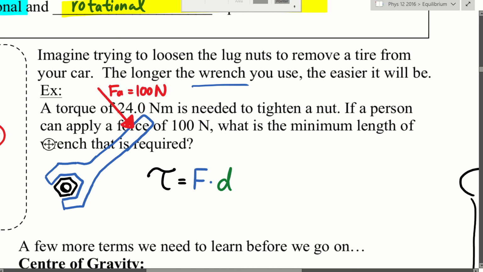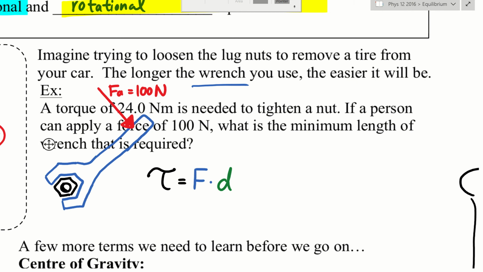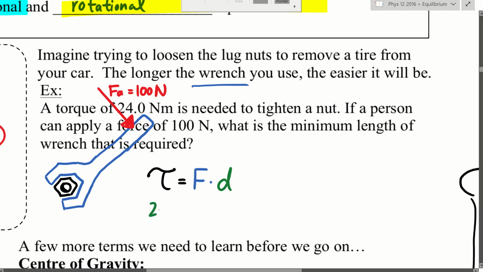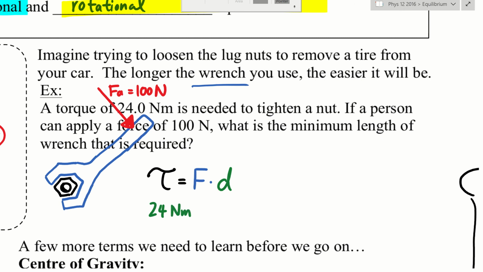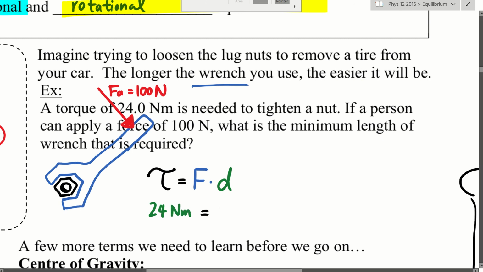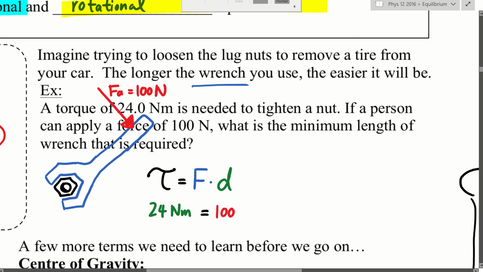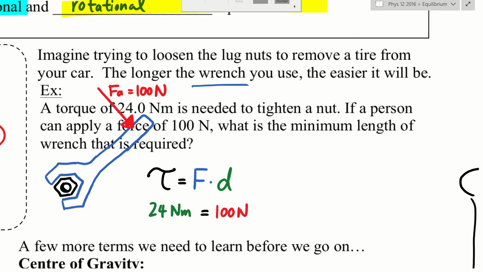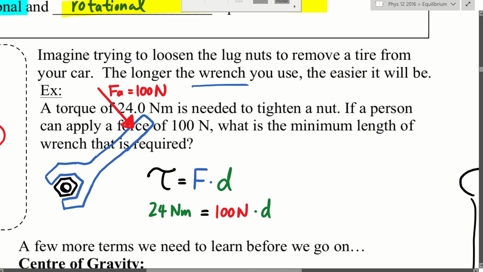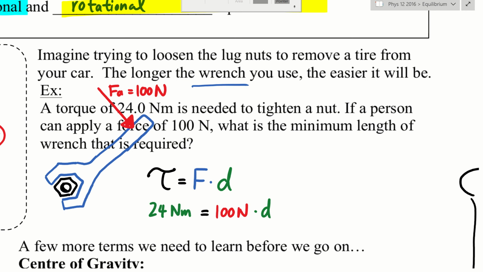And the reason why is because of this equation. As you can see in here, you need 24 Newton meter of torque to actually tighten it, and your force is 100 Newton, right? So if you look at your distance, that means the further away your distance is, the higher the final value of your torque, isn't it? Because these are proportional.